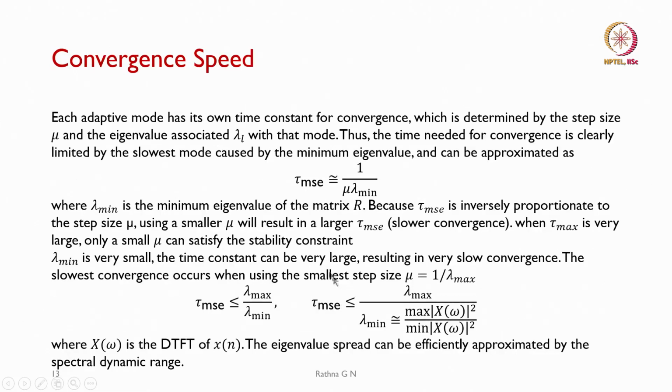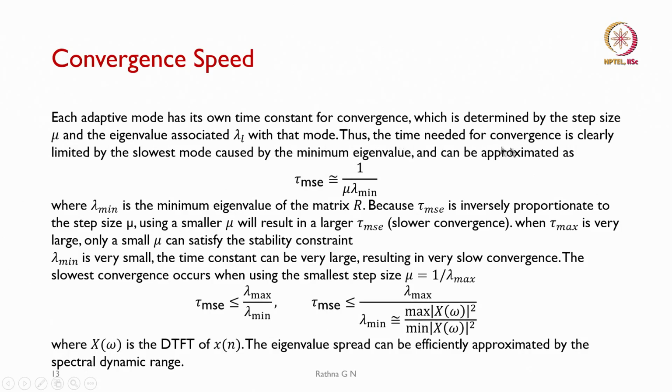Now, coming to the convergence speed. Each adaptive mode has its own time constant for convergence, which is determined by the step size mu and the eigenvalue lambda L associated with that mode.